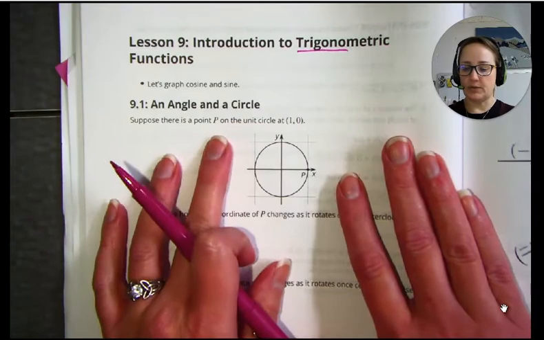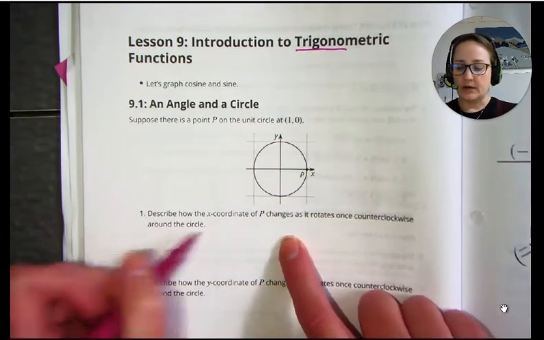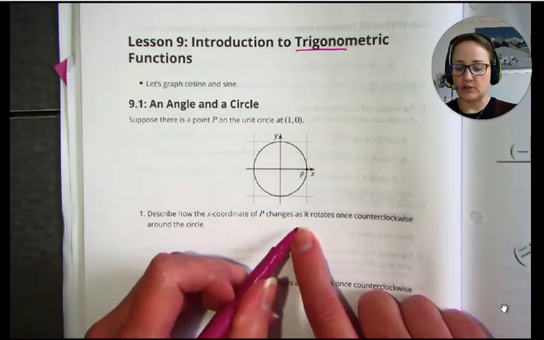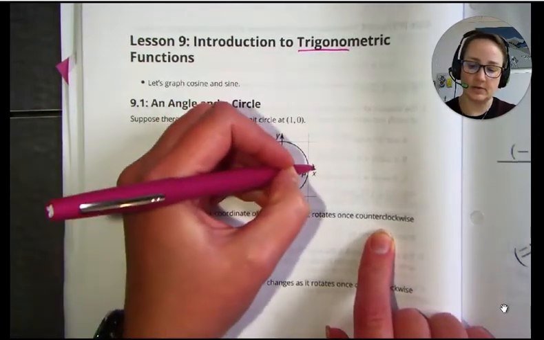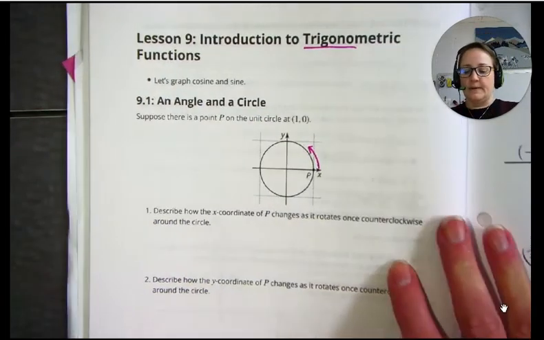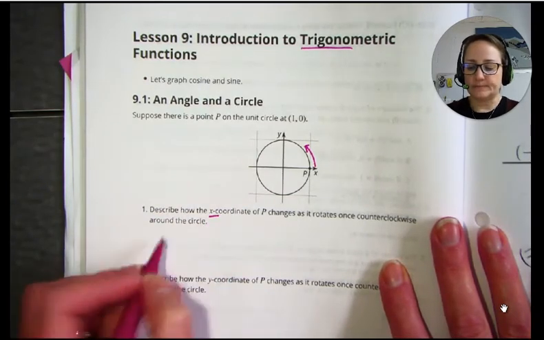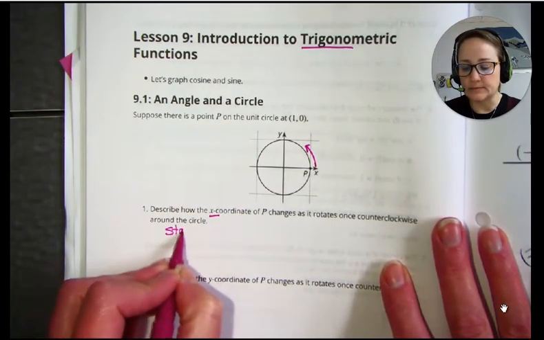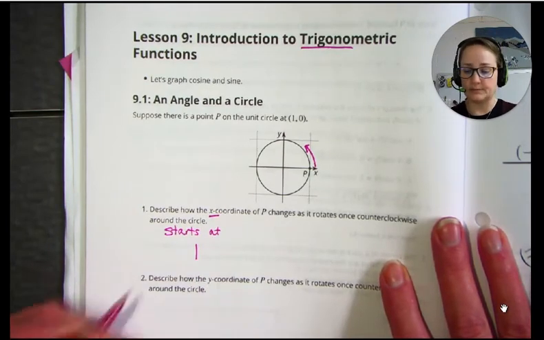If there's a point P on the unit circle at 1, 0, we want to describe how the x-coordinate of P changes as it rotates once counterclockwise around the circle. So we're still moving this way as we normally have. And when I think about the x-coordinate, it starts at 1.